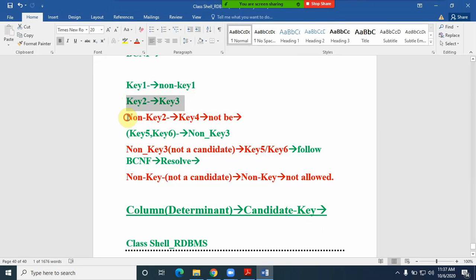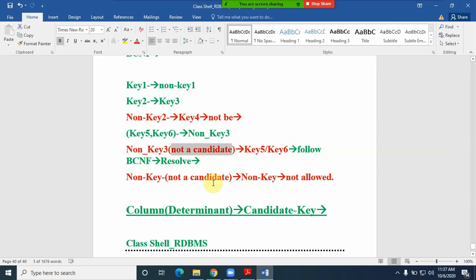But what should not happen is depending on the non-key so as to generate the key, or using a non-key to generate the candidate key. Whatever keys we are talking about, these things observe that which is not a candidate key.